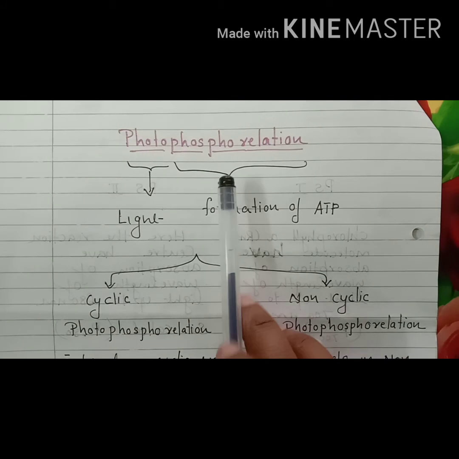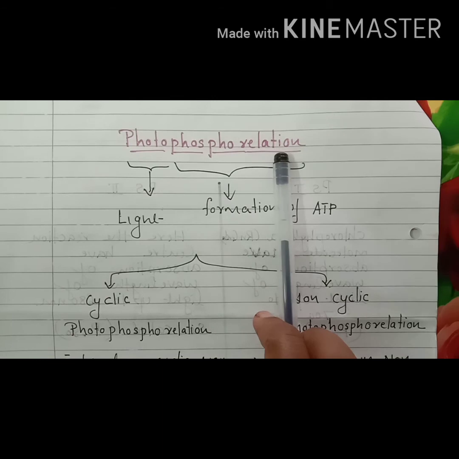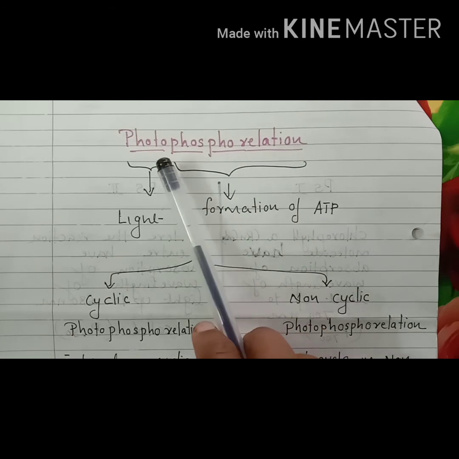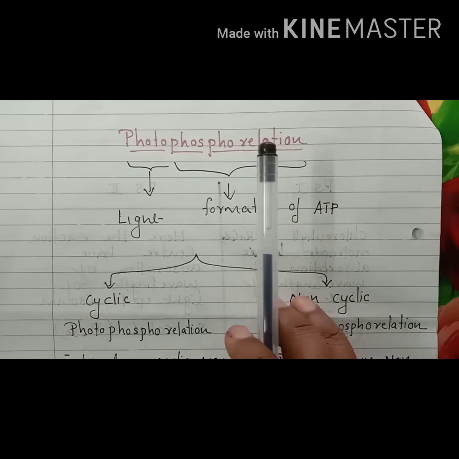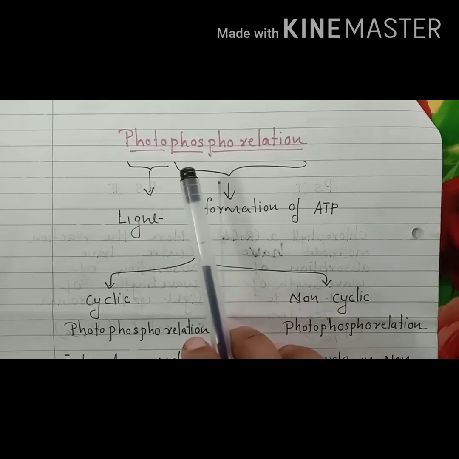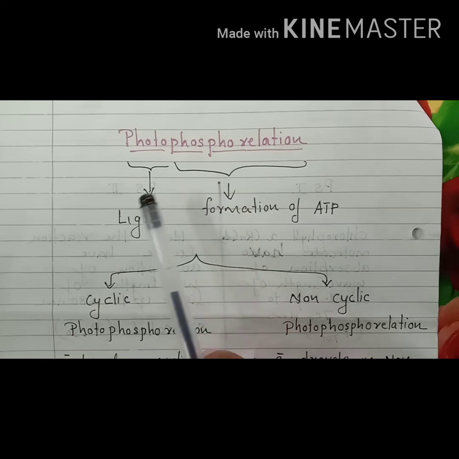Then comes the main event in light reaction, that is photophosphorylation. Light reaction is otherwise called photophosphorylation. Four different processes come under it: absorption of sunlight, splitting up of water, formation of ATP and NADPH, and release of oxygen.